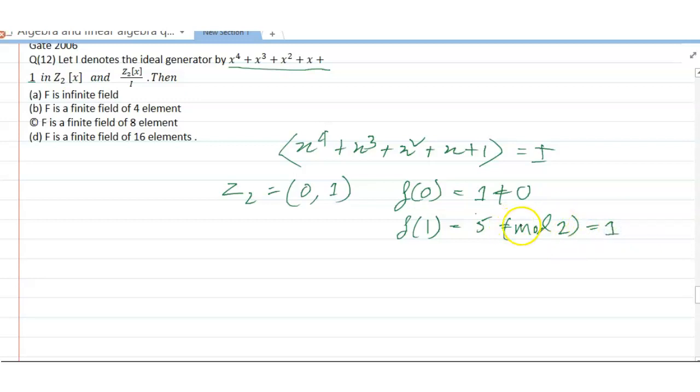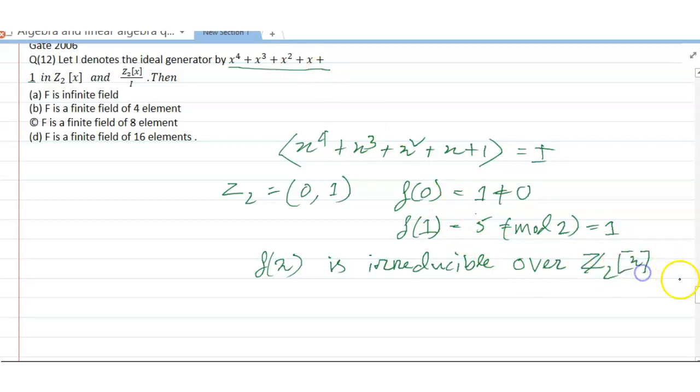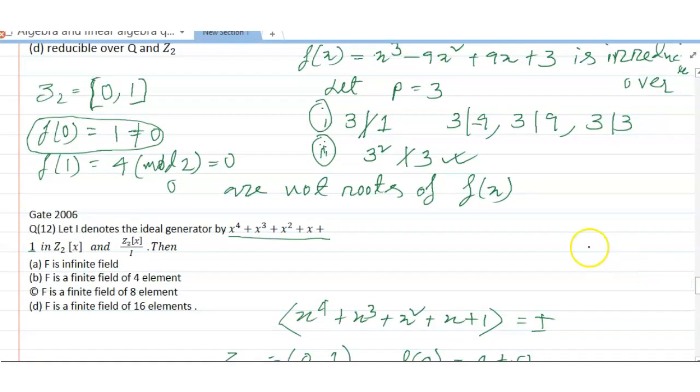So 5 is equivalent to 1 mod 2. So f(x) is irreducible over Z2[x].